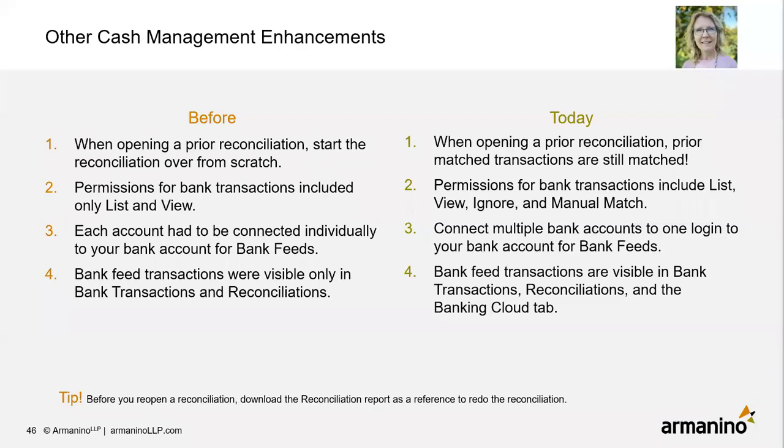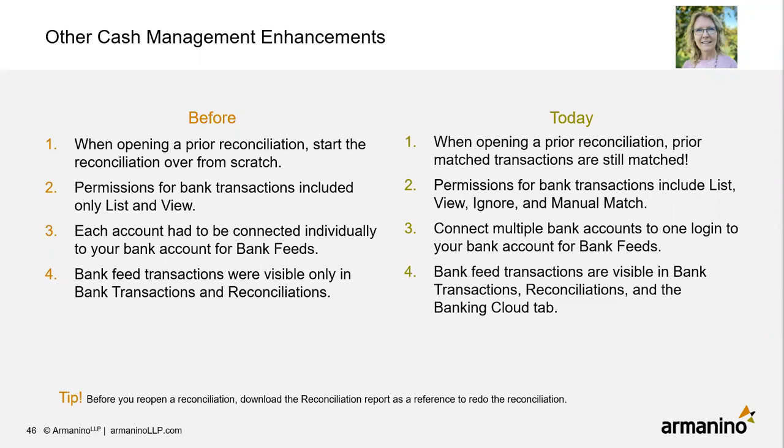Other enhancements: before, when you opened a prior reconciliation, you had to start from scratch, including all of your matching. Now, if you open a prior reconciliation, your prior matched transactions are all still matched. Before, permissions on bank transactions were limited to list and view. Today, you can have permissions for bank transactions: list, view, ignore, and manual match.